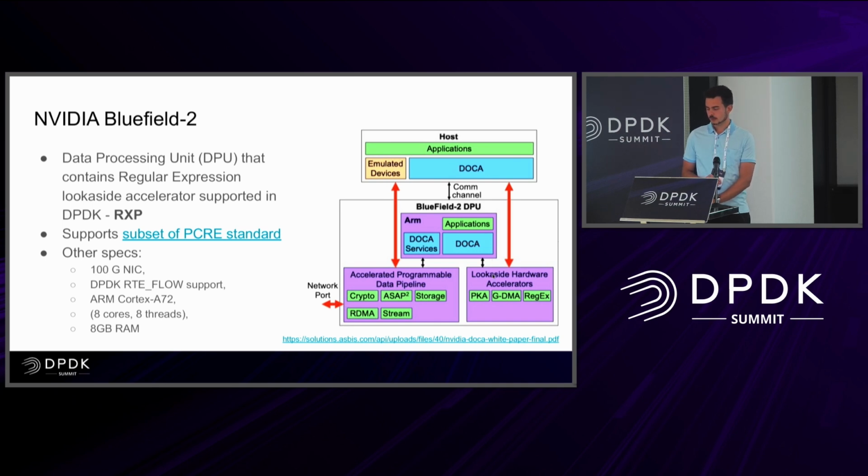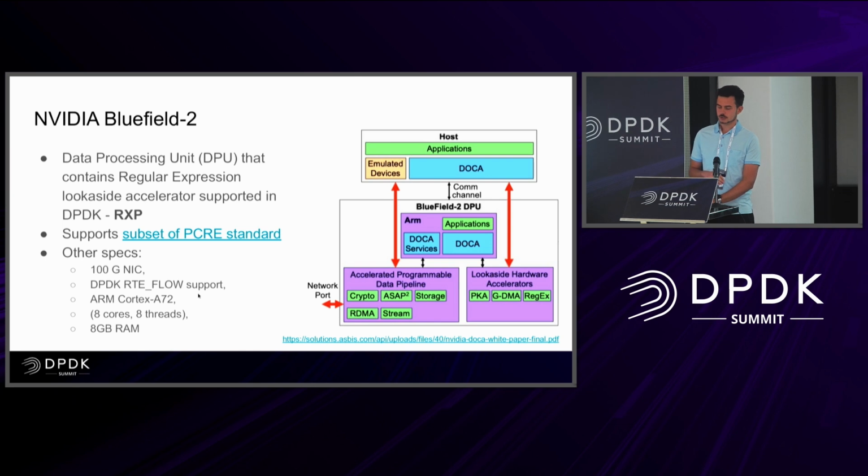And here is the regex engine. It's in the Lookaside Hardware Accelerator box. This regex engine supports a subset of the PCRE standard, so you cannot put just any kind of regular expression there, but in general the support is pretty good.